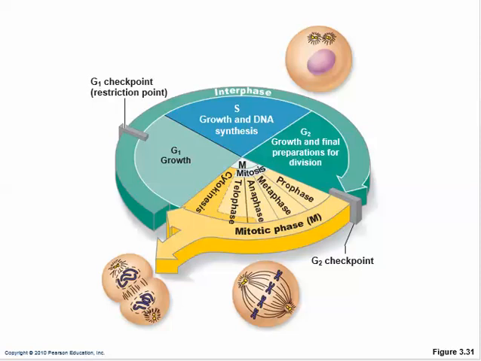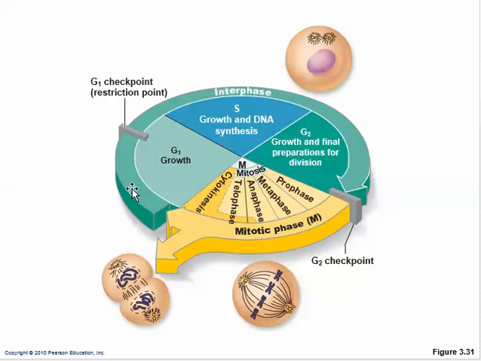When we look at this picture, and then you look in your book that gives you time frame for these, please don't pay attention to the time frames that closely. That's for an epithelial cell. These things can vary wildly between different cell populations. So G1 is growth or a gap.